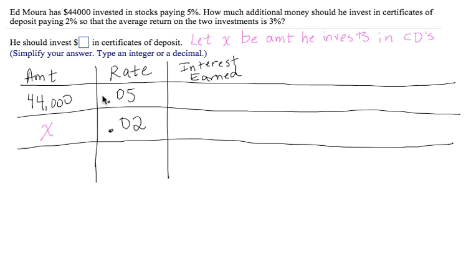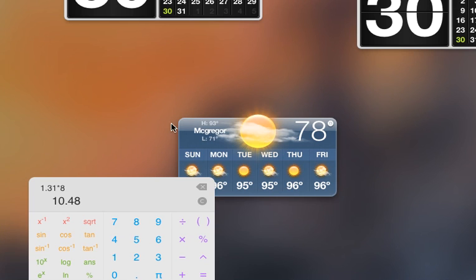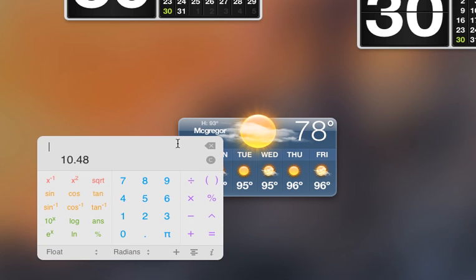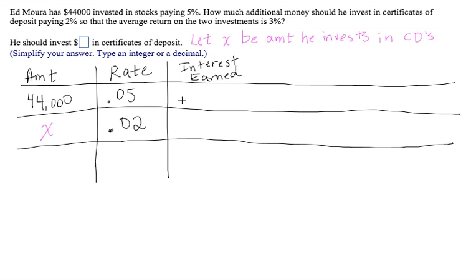So on my little computer calculator, 44,000 times 0.05 is 2,200. Okay, so he's earning 2,200 on that account. Well, if you invest X dollars at 2%, we'll multiply those two to get the interest earned there. So that would be 0.02X.